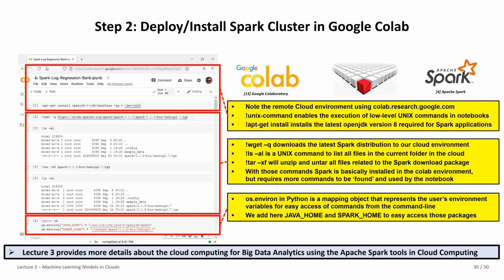So we talked about this: download one specific version of Java. When you have this exclamation mark at the top, apt-get install means it's a Unix command you execute through Python, more or less. And this will first download and then install this particular JDK version.